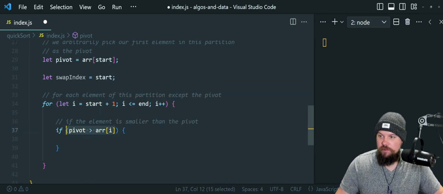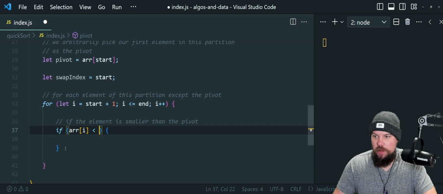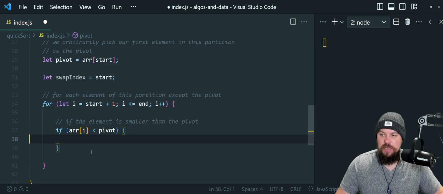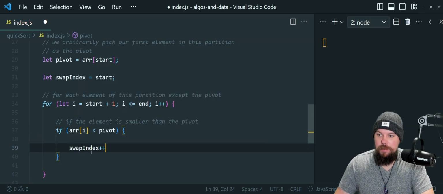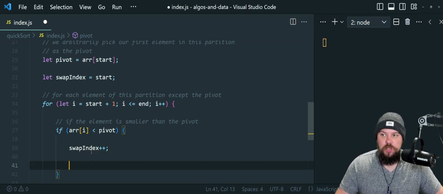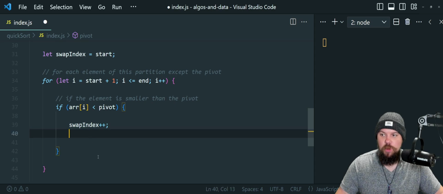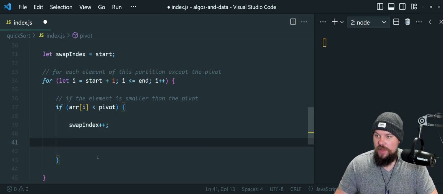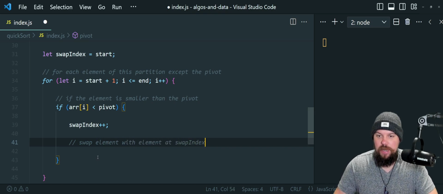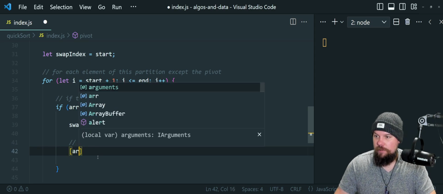Or if the element is smaller than our pivot, it is time to say, hey, we're about to move an element over, so the swap index of our pivot is going to move up eventually, right? Because we have to keep track of how many things we're swapping. That's what that represents. Then we actually have to do a swap of the element with the element at the swap index. So what we're going to do is say the following.